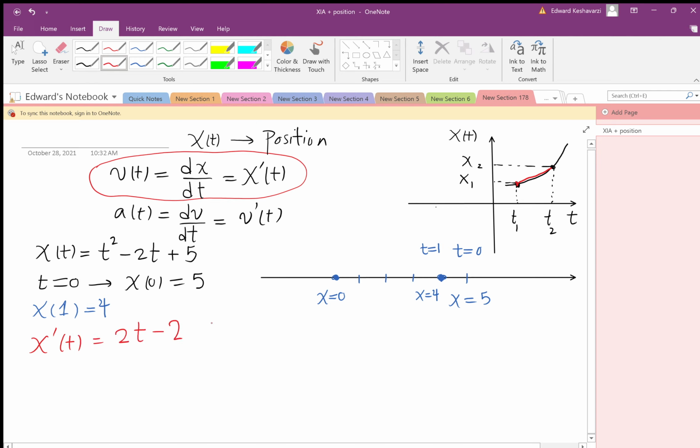So what is the velocity after 3 seconds, for example? So x prime of 3, which is the same as v(3), is going to be 2 times 3, 6 minus 2 is 4, for example, meters per second.